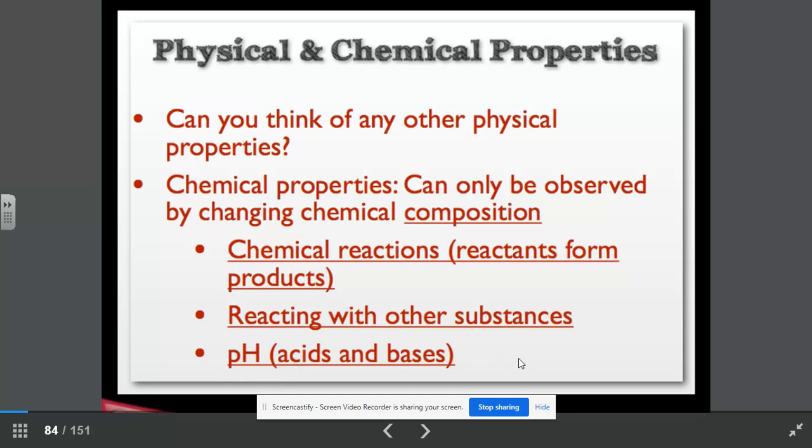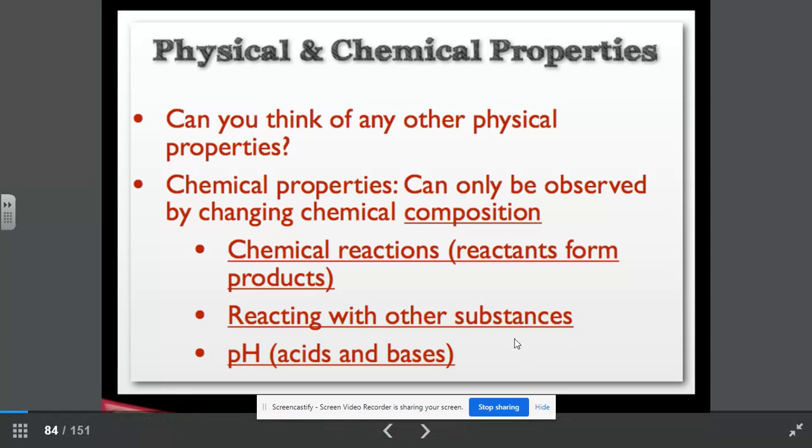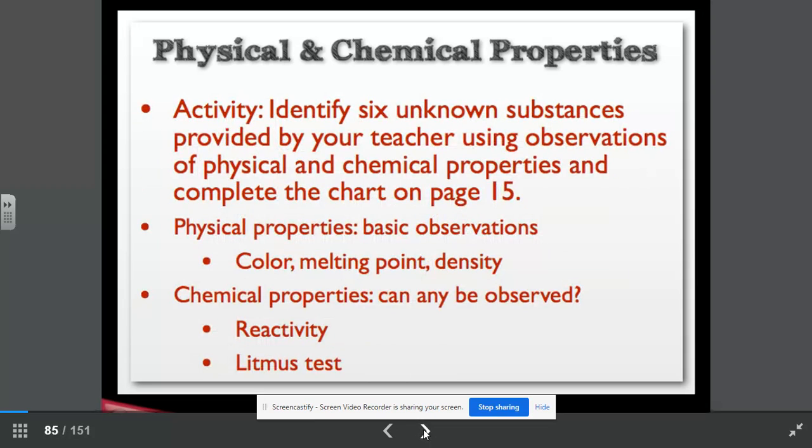A good way to remember it is chemical changes cannot be changed back to their original state. Chemical properties can be measured by their reaction with other substances, pH level. So we'll again do another activity together in class, whether virtually or in person.